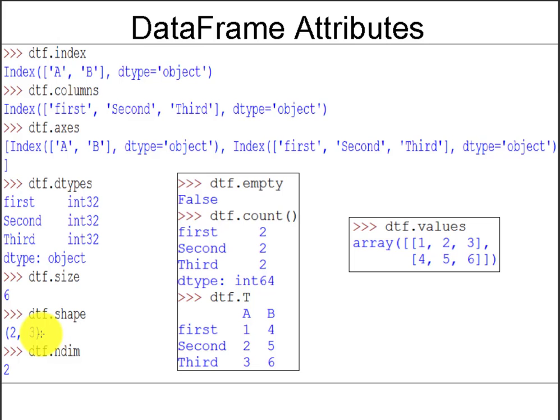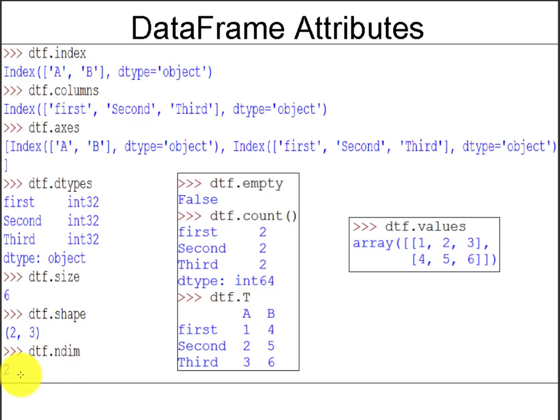It means the number of elements is 6, which we already checked with the size attribute. You know this data frame has 6 elements, so its size is 6 and shape is 2 comma 3, meaning 2 rows and 3 columns. And this is the dimension, so you can check the dimension with the help of ndim, and it will show the dimension too.